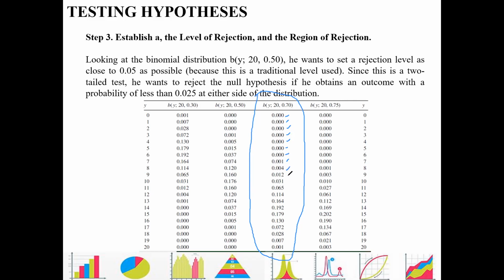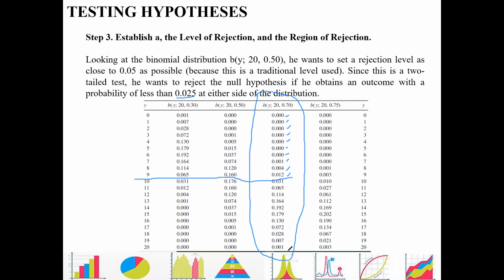Opo. How about 9? Opo. Okay. How about yung 0.031, na 10? Hindi po. So, stop na tayo dyan. So, hanggang 9 lang tayo. So, 0.012 plus 0.004, that is 0.016, 0.017. So, 0.017 is less than 0.025.